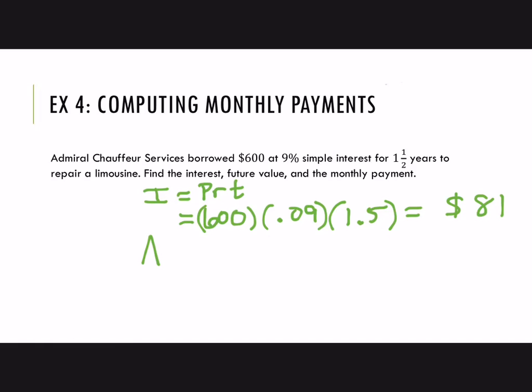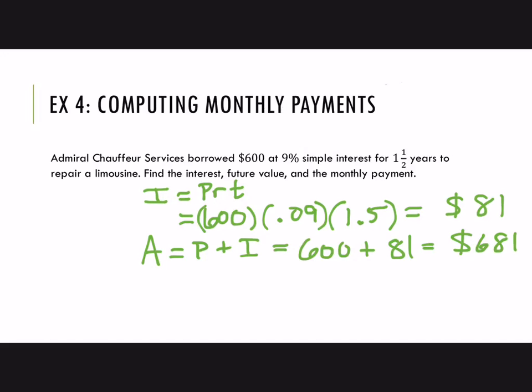Okay. Now future value, that's principal plus interest. All right, so the amount they borrowed, that's $600 plus the $81 in interest. And at the end of those 1.5 years, they owe $681.